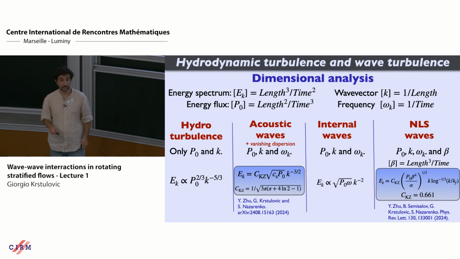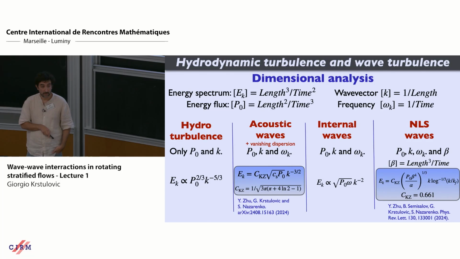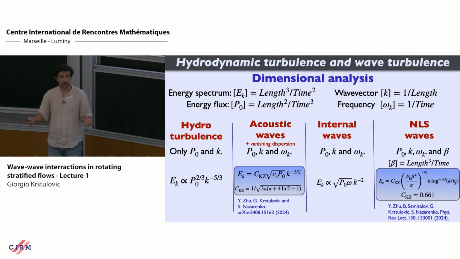It's not generic, but the point I'm making is that I can characterize this pathology for NLS 3D using the kinetic equation and bring an analytic expression for the energy spectrum, which has a log correction. You assume that you have a kinetic equation that describes the physics, and you manage to solve it in the assumption of constant flux. And when you do that, you find this.